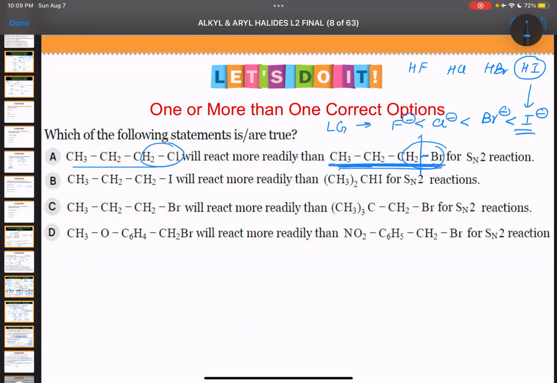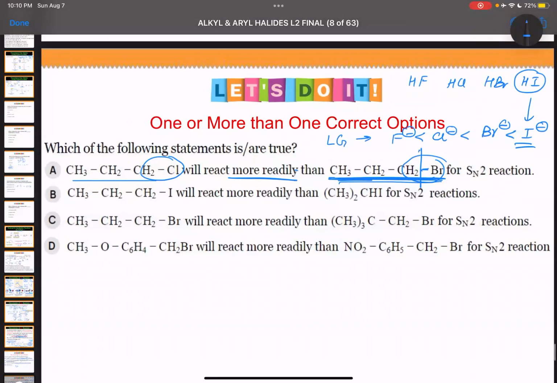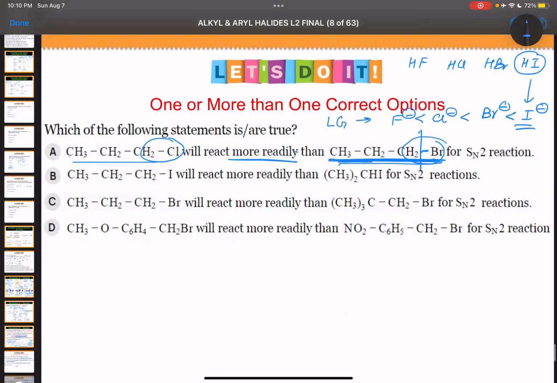Okay, so let's read the statement. Propyl chloride will react more readily than propyl bromide in an SN2 reaction if all the rest of the things are the same. Though they are not written, you should keep in mind that if nothing else is asked, it is assumed that the rest of the things are the same, meaning the nucleophile is the same, the temperature is the same, the concentration is the same.